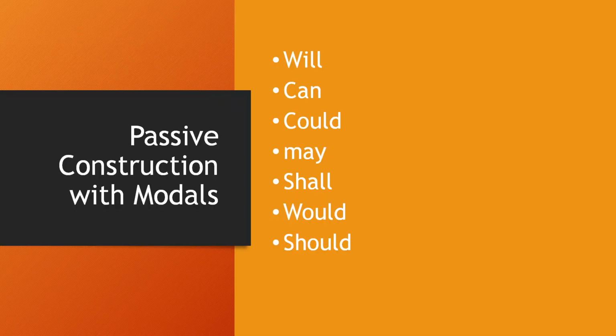Now, let us look at the passive construction with modals. So these are a few modals that I have mentioned: will, can, could, may, shall, would, should. So sentences with modals can also be changed into the passive voice. Now quickly frame a sentence in active voice with any one of these modals.